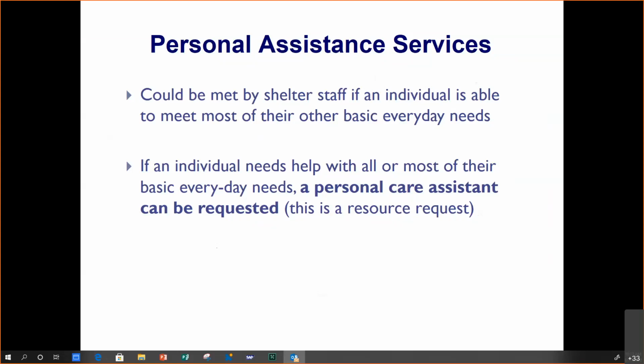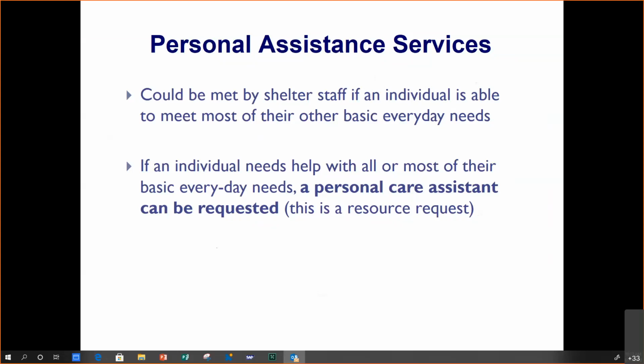It's important to remember that, though, shelter staff can help with some really basic things like filling out forms or something very simple like that. For somebody who needs more advanced help, that personal care assistant is important.